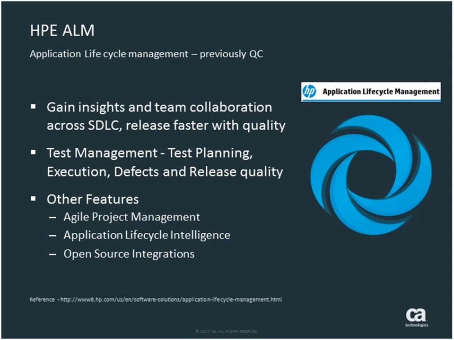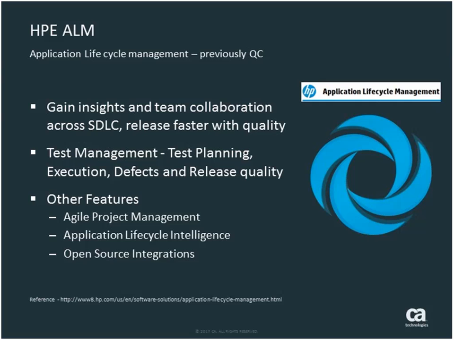So HP ALM, previously it was known as QC. Now it's called Application Lifecycle Management. It helps teams gain insights, collaborate across SDLC, and release faster with quality. One of the important features of this is the test management piece, which helps in test planning, execution and defect tracking.